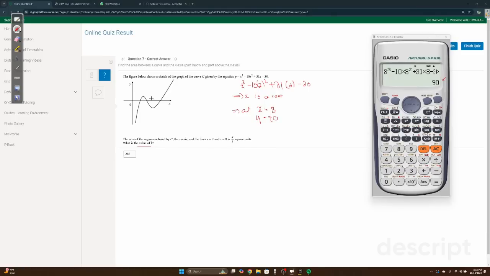So that just eliminates this shaded area. So 8 cannot be anywhere here. Okay? 2 is a root. At 8, y equals 90. Wait, it could have this as well. Wait, let me continue. Let's just take this into consideration. You might need it, you might not.